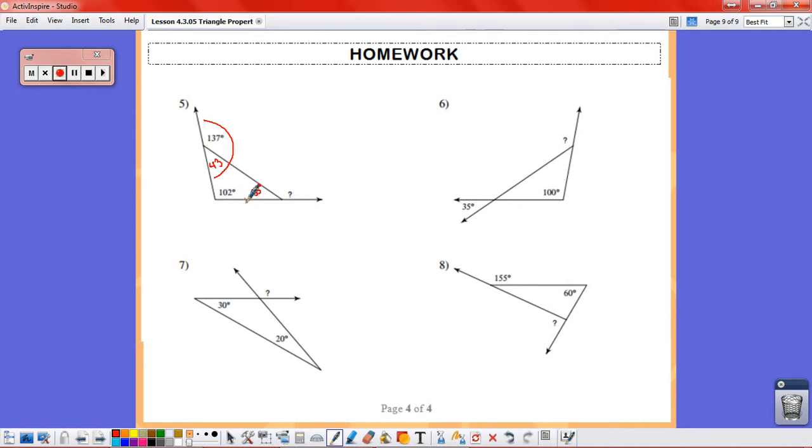And then I have another supplementary pair. This pair is supplementary. 35 and 145 makes 180. Which is interesting because that's what I got when I added these together, 145.